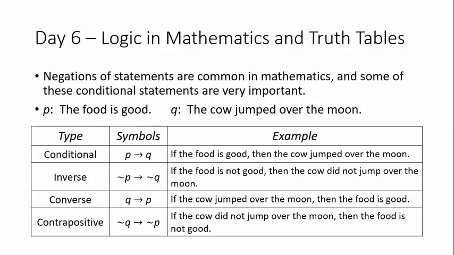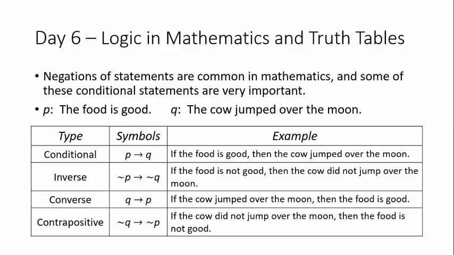The converse is formed when the hypothesis and conclusion trade places. So we've got the statement now, if Q then P. It would read like this. If the cow jumped over the moon, then the food is good. And the contrapositive is when we negate both the hypothesis and the conclusion in the converse.